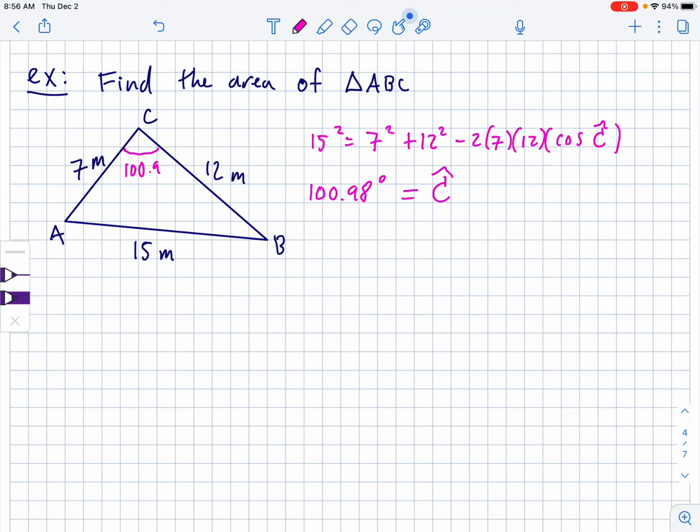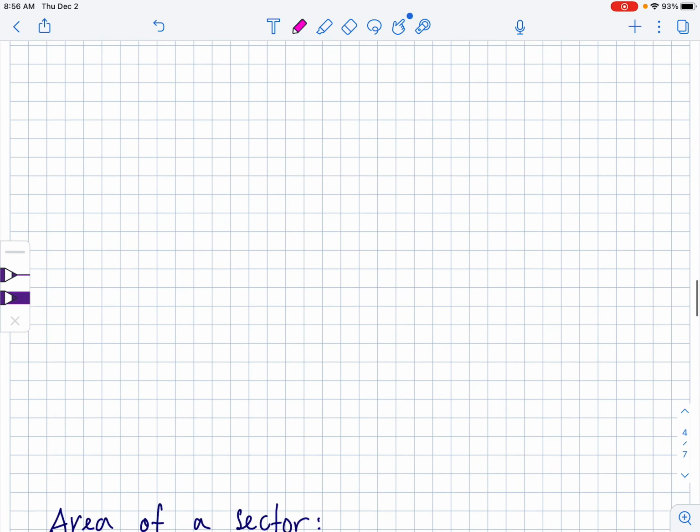Now that we have that angle, which is 100.98, we can just do that area is equal to 1/2 times 7 times 12 times the sine of 100.98. When you crunch that, you should get about 41.2 meters squared. There's the area of the triangle.